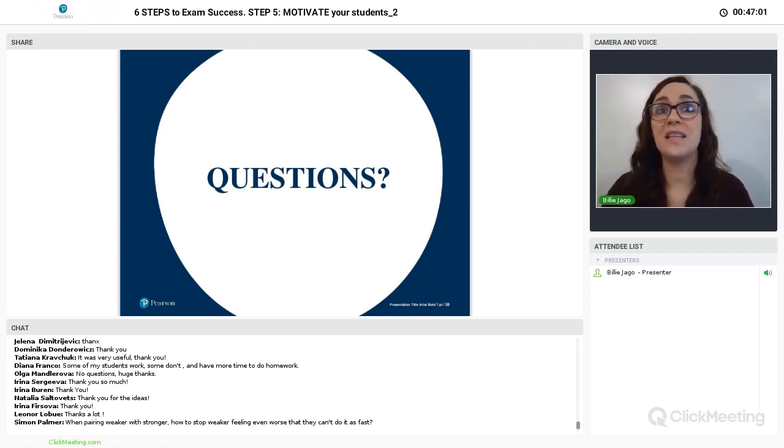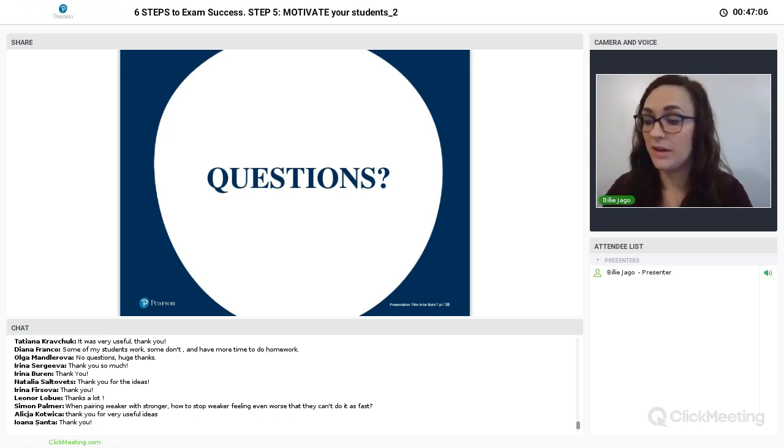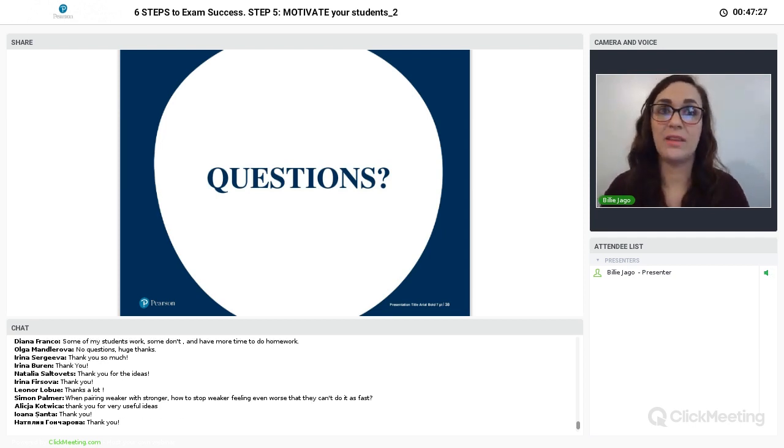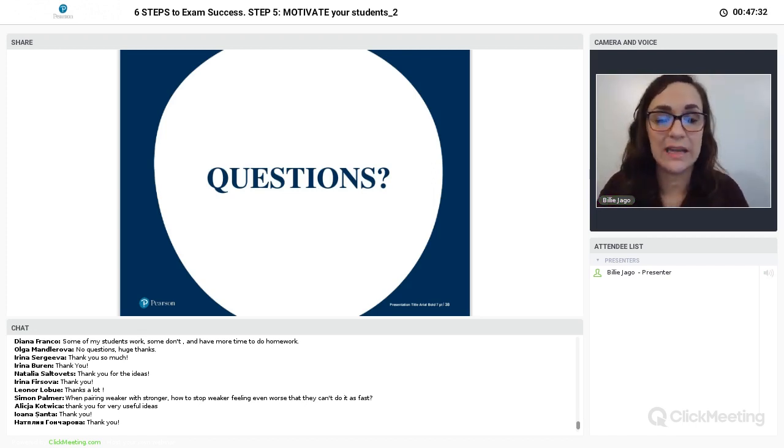Setting achievable goals, as we mentioned as well. Just giving them, okay, we've got 6 weeks. After 6 weeks, you can take them out on a trip to practice their English, even watching a series that you've been building up to with some comprehension questions, and using authentic materials in the classroom. I've had students in my class previously who have purely learned English from watching series, which is incredible. So I think that if they can use that English and relate it to something that they're interested in, that will really help them as well.